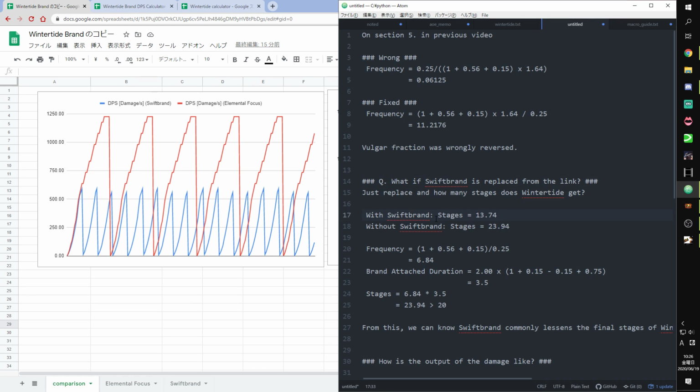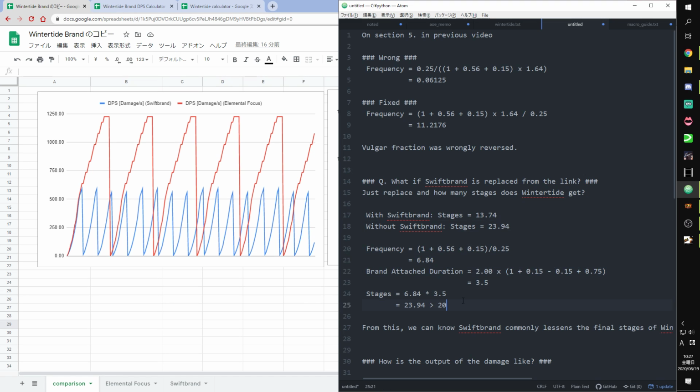With Swiftbrand, when the attached duration expires, the maximum stages is 13.74, and without Swiftbrand, the maximum stage reaches 23.94. It is max 20, so it means 20.